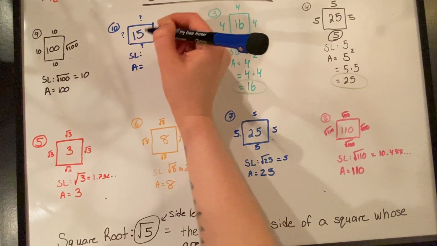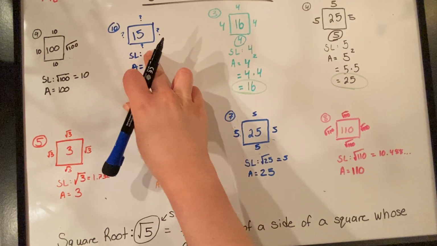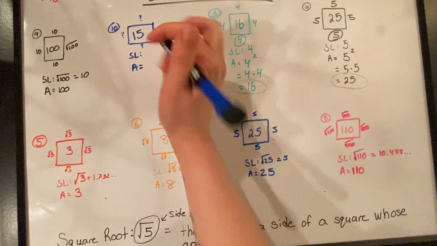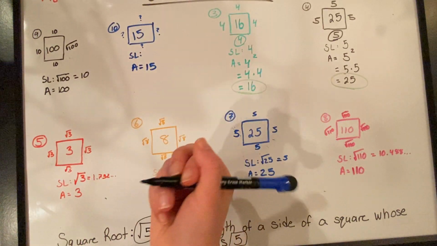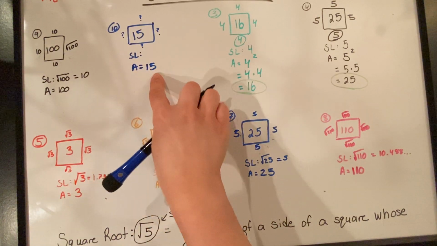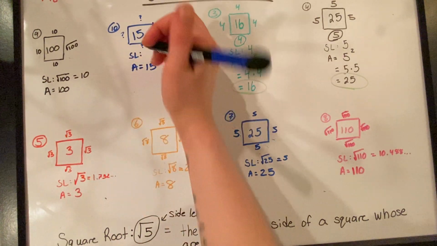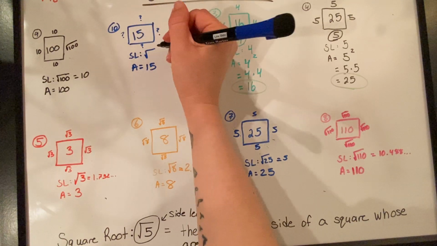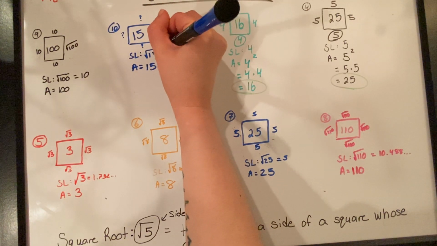Here we have to determine, did they give us the side length or the area? We don't have a side length, they did give us the area. The area is 15. So the side length is the square root of my area, which is 15.